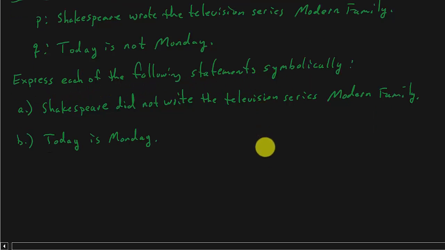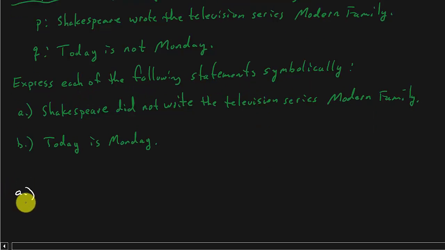All right, so for part A, it says Shakespeare did not write the television series Modern Family. If we look at this, this is the statement P, Shakespeare wrote the television series Modern Family, and they're giving us Shakespeare did not write it. So this is the negation of P, right?